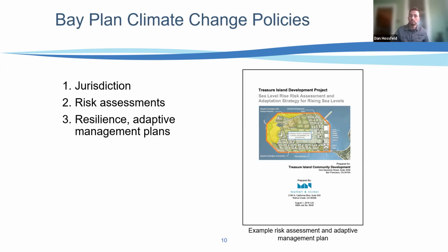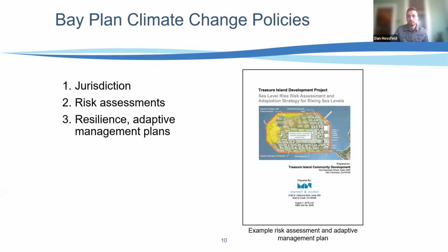This is using projections that at the moment are based on the OPC's sea level rise guidance update in 2018. Suggestions of what values to use for 2050 or 2100 depend on the project in question. If you're familiar with that document, the values are based on risk aversion, which roughly translates to varying types of projects.